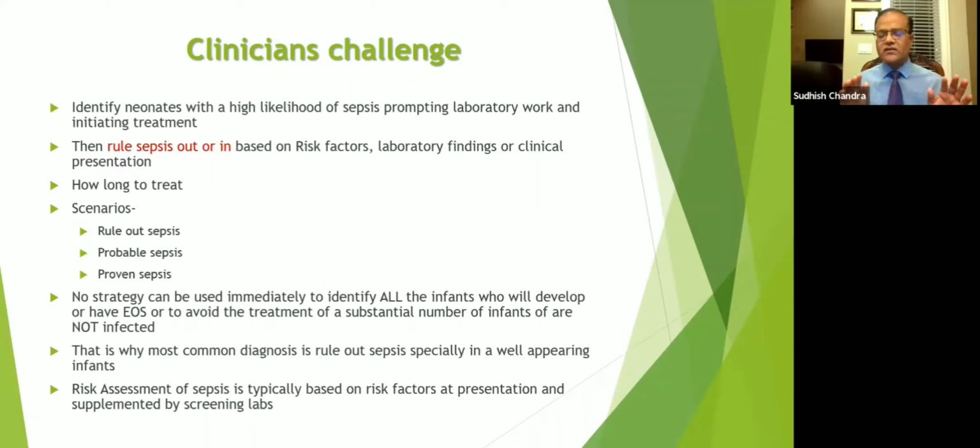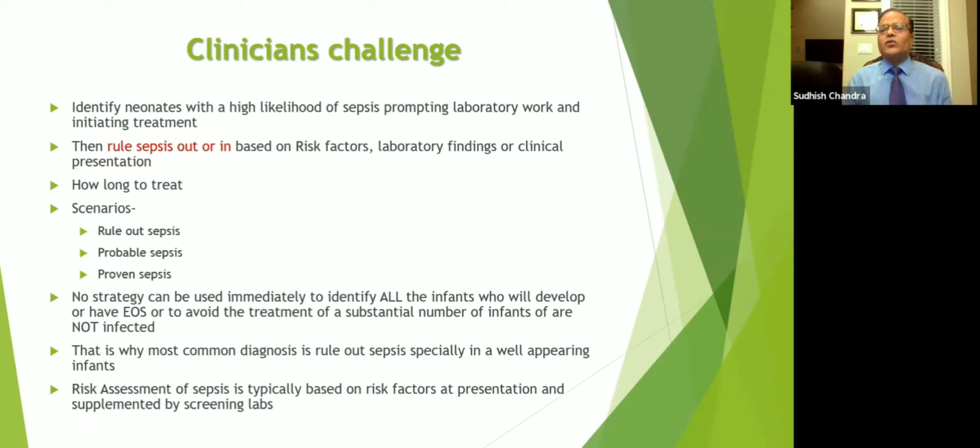In those situations, we assume it to be infection and treat as if they had infections. And I'll allude to why blood cultures can be negative. Proven sepsis is obviously simple: culture positive, and you treat accordingly. No strategy so far has been able to identify all those infants and at the same time avoid unnecessary treatment of the babies who do not need treatment.